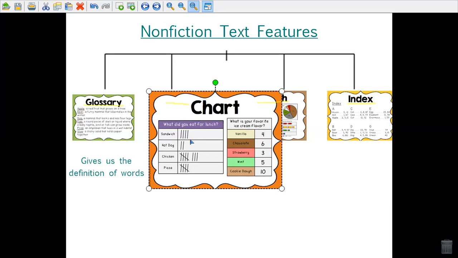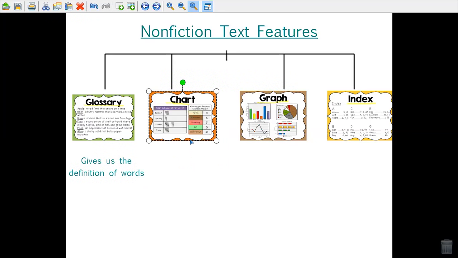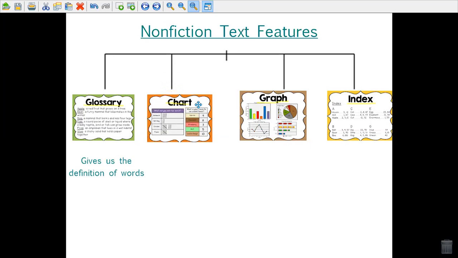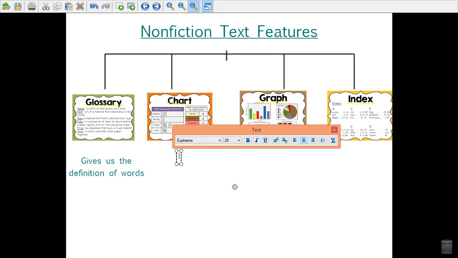So a chart gives you and tells you how much data you have. So it has numbers. So a chart tells you the amount and collects data.